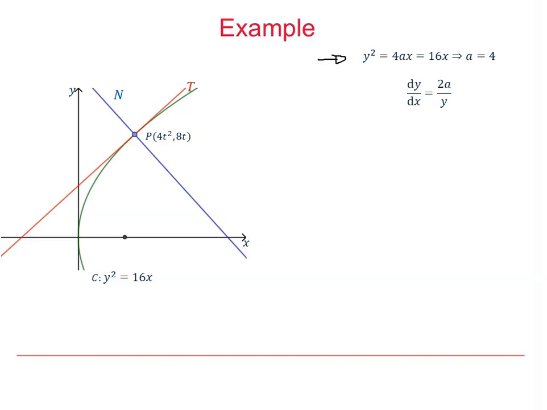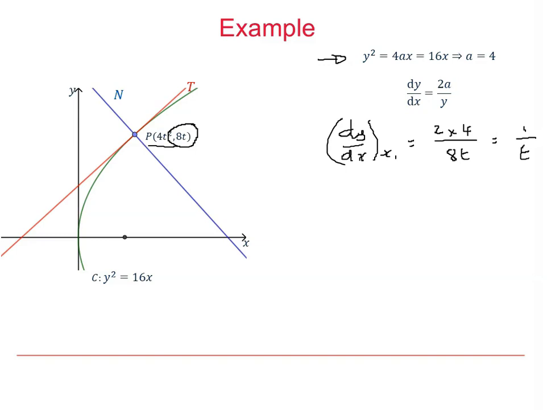Once we've got that, then we can evaluate the derivative at the point that we want, so that y is equal to 8t. Therefore the derivative dy by dx at our value x1 is equal to 2a, which is 2 multiplied by 4, divided by y, which is 8t, and that is equal to 1 over t.